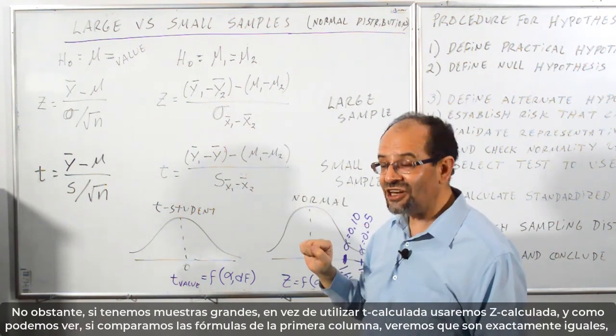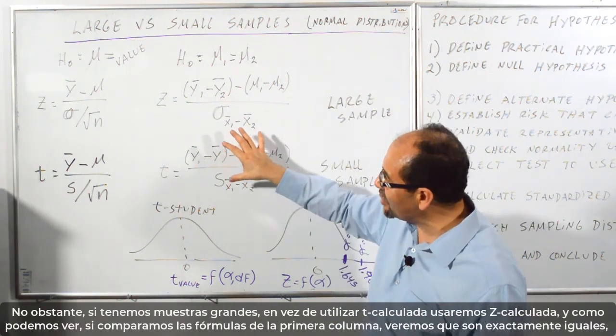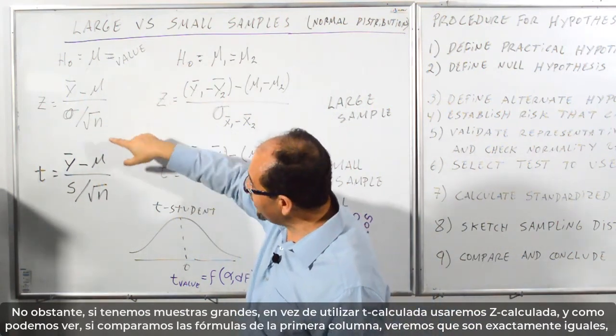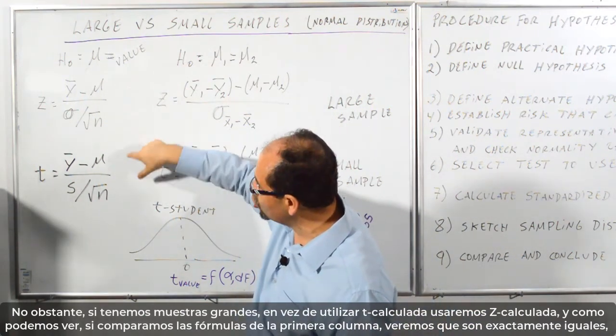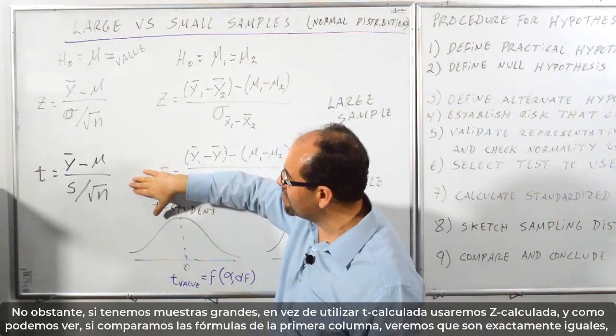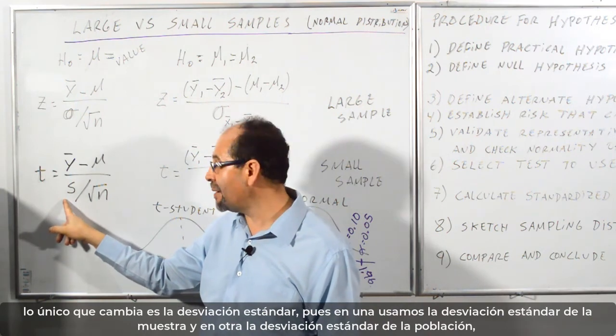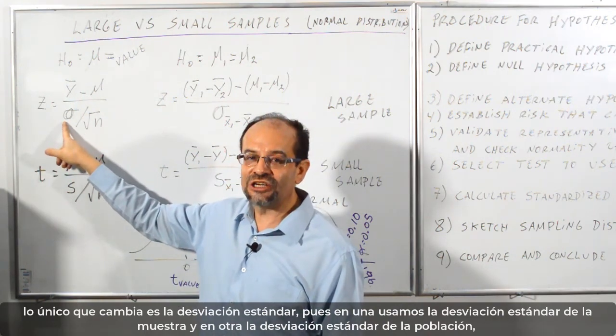But if you are having large samples, instead of using t calculated, you will be using z calculated. And as you can see here, if you compare those two, they are exactly the same. The only thing that changes is that here we are having the standard deviation of the sample, and here we are having the standard deviation of the population.